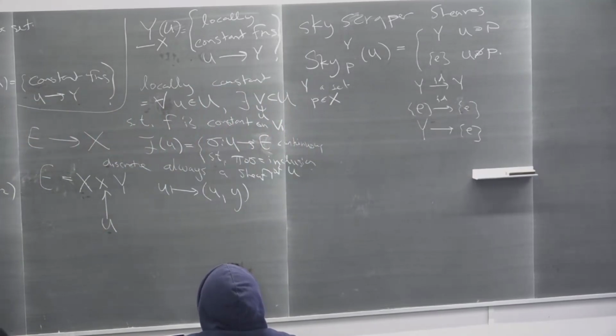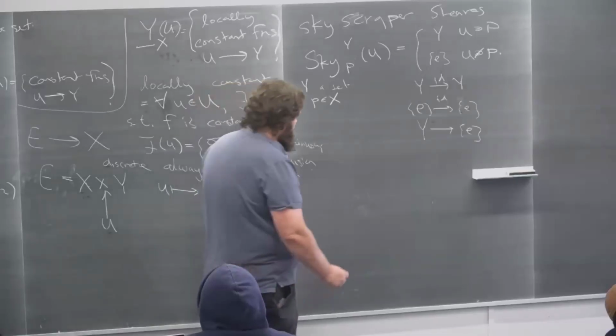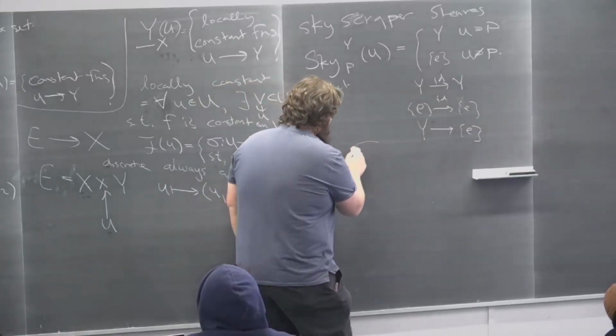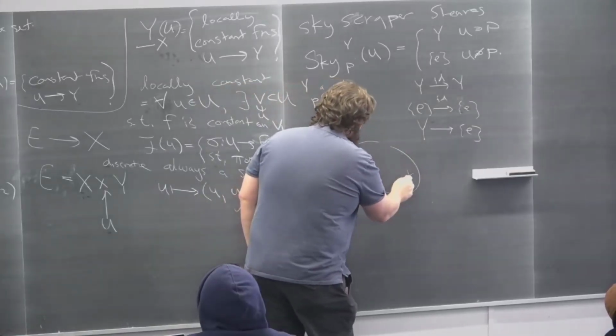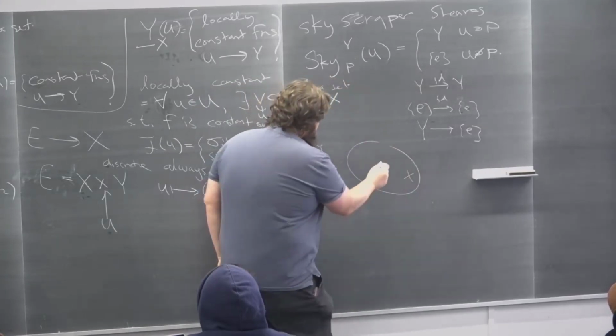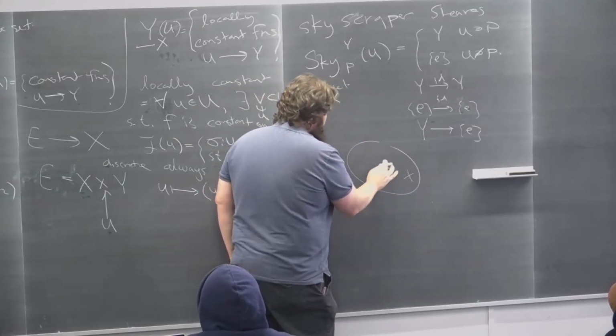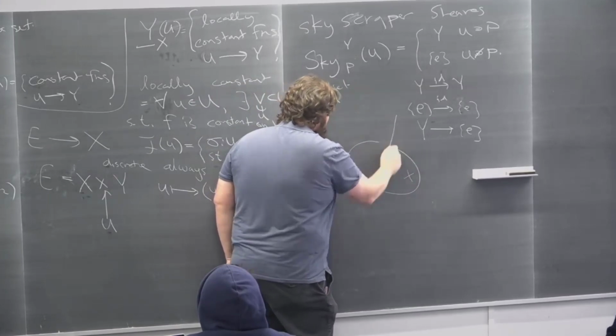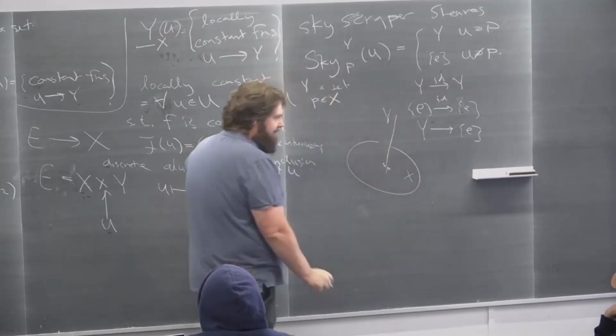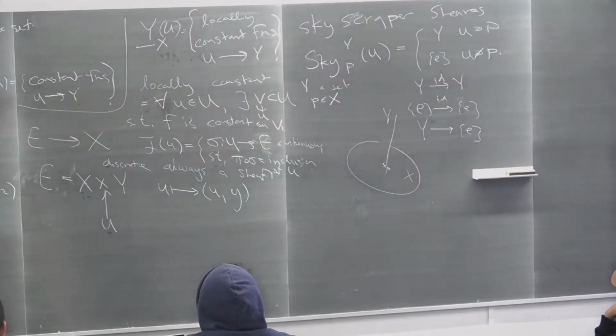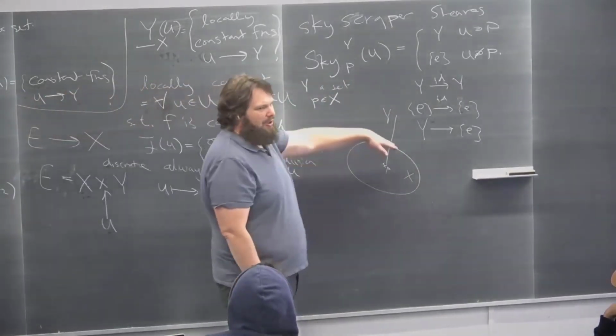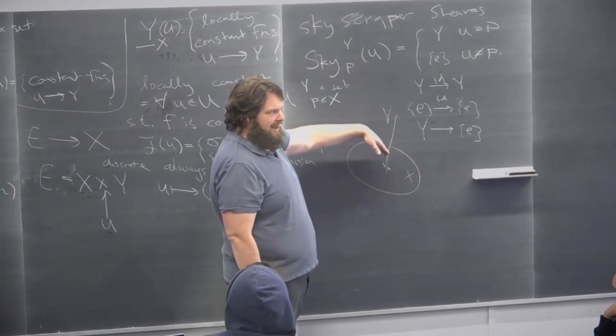So you can also think of this in terms of maps, though the space is weirder. What the space looks like is, here I have X, I remove the point p, and I replace it with a copy of Y. And I'll leave it to you guys to figure out what the right topology on this one is. It's kind of weird. It's not Hausdorff.